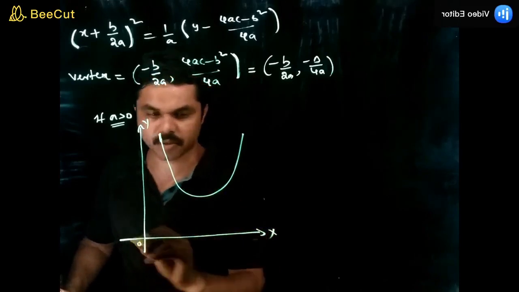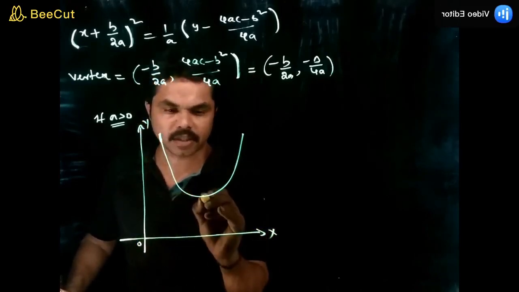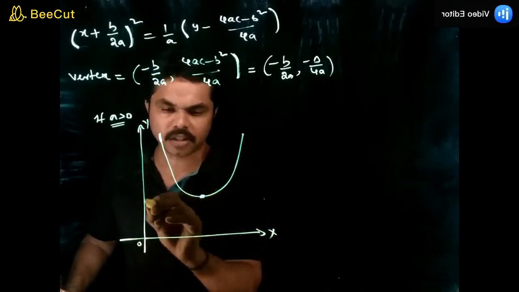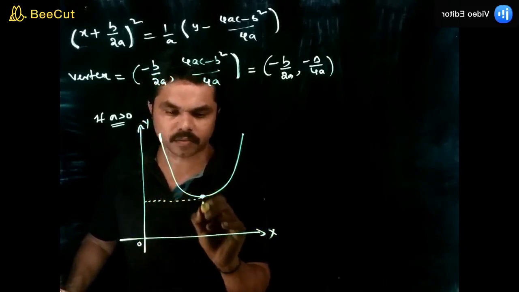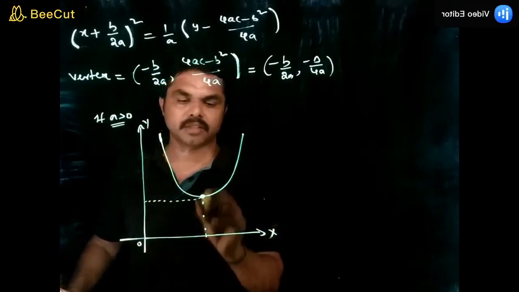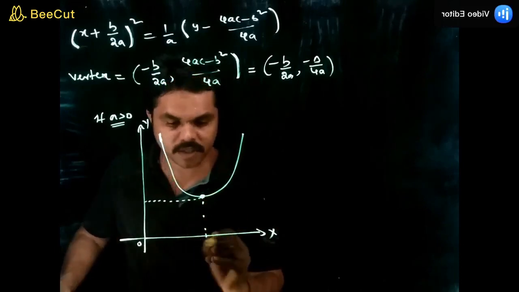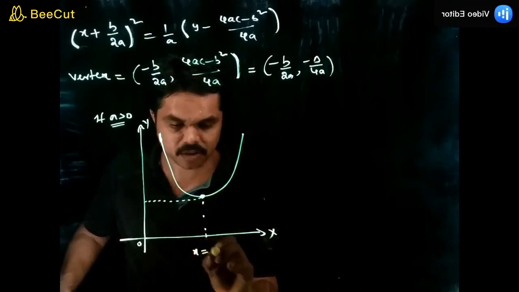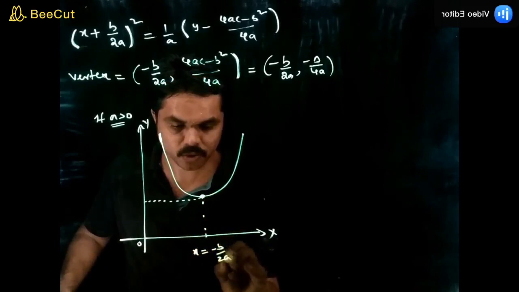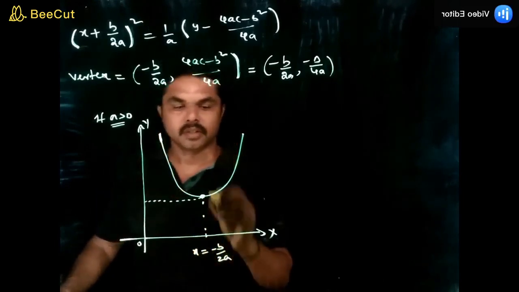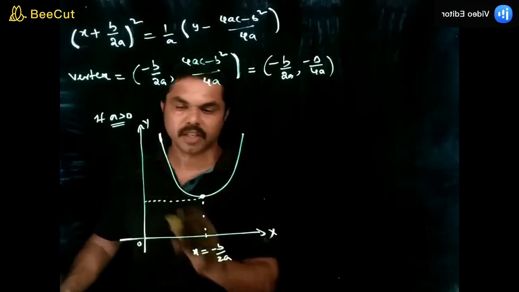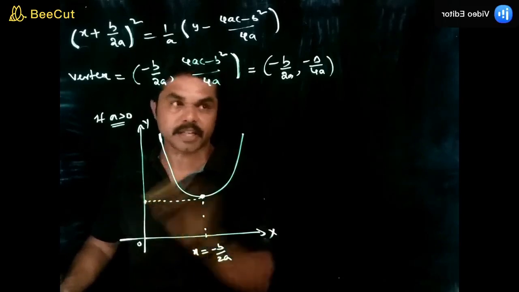For example, 0. Here, this is the vertex of the parabola, right? That means this is the vertex of the parabola. So this value is x equal to minus b by 2a, and this value is y equal to minus delta by 4a.